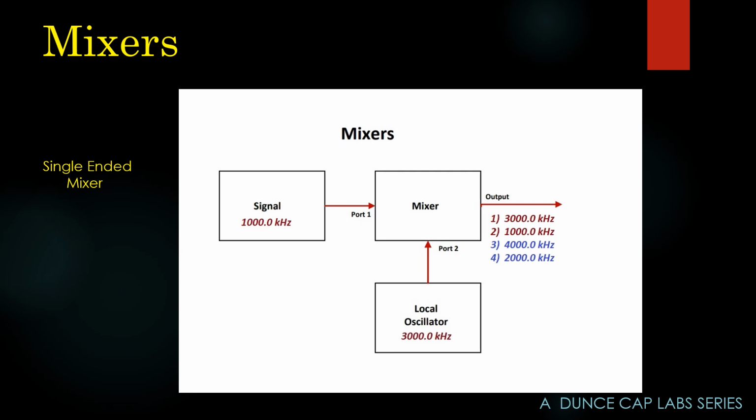Now we have our local oscillator signal, and it shows up at the output. We have our input signal, and it shows up at the output. We have the addition of the 2 of them. We also have the difference between the 2 of them. As you can tell, this is starting to look like AM sidebands.